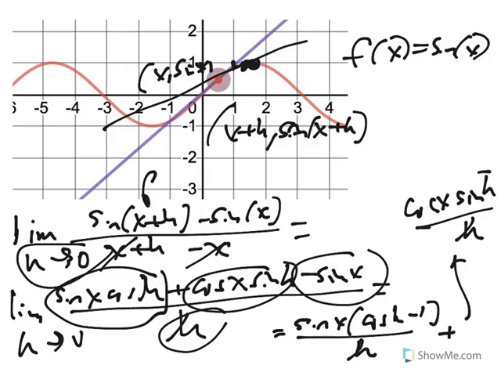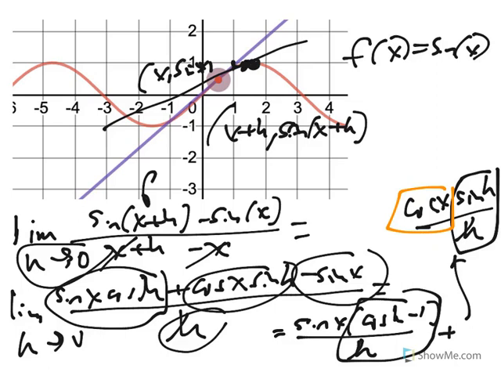Well, in a previous video I showed you, without a real proof, that sine h over h goes to 1 as h goes to 0, whereas cosine h minus 1 over h goes to 0 as h goes to 0. So that would mean that all that's left is cosine x. And that's real interesting.